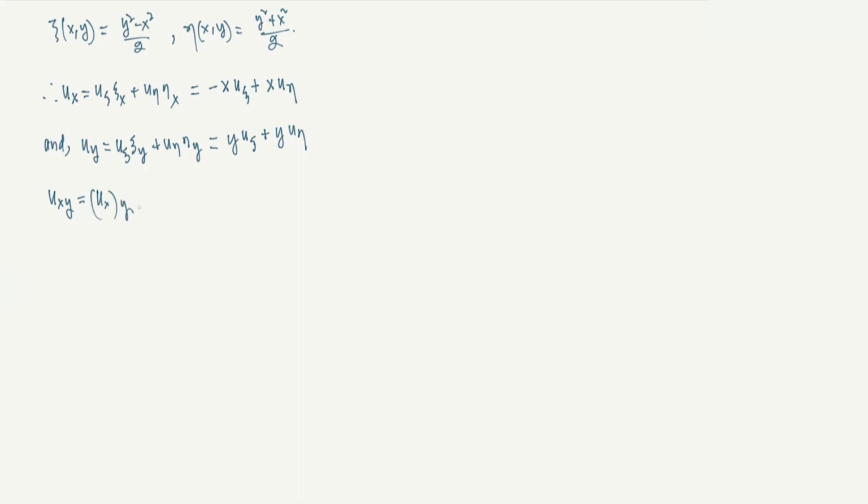If we do that, the whole expression looks like this: u xi xi times xi x square, plus 2 u xi eta times xi x eta x, plus u eta eta times eta x square, plus u xi xi xx plus u eta eta xx. Clear?